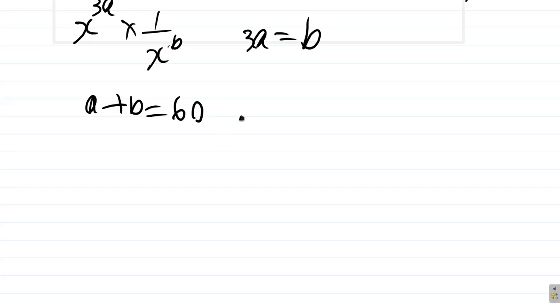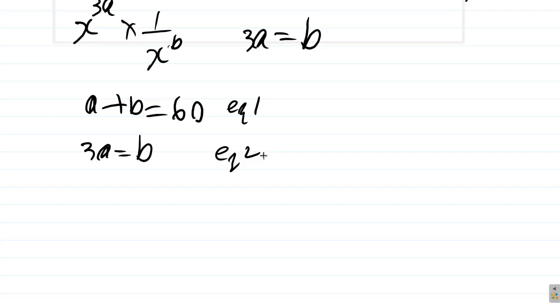If we say that 3 times a is equal to b, how can we put these things together to solve and get an answer? Well, let's call a plus b equals 60 equation 1, and 3a is equal to b equation 2.